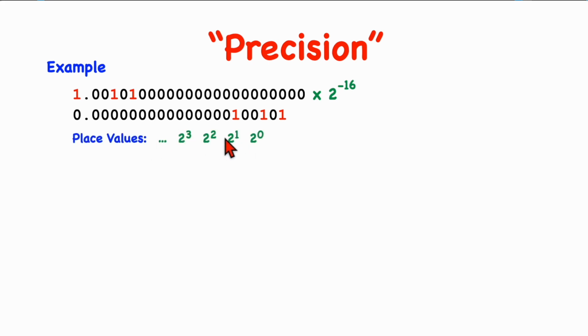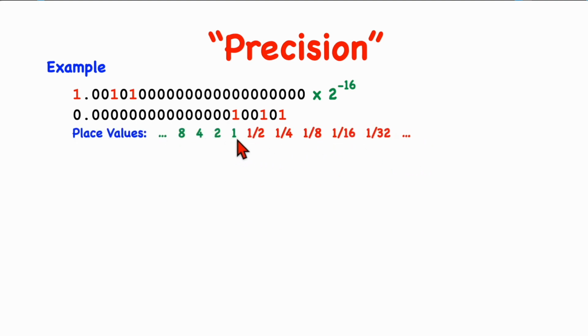So as you know, with binary numbers, the place values are 1, 2, 4, 8, and so on. And that same pattern holds to the right of the binary point. So the place values are 2 to the minus 1, 2 to the minus 2, and so on. Or if we want to express that as fractions, 1/2, 1/4, 1/8, and so on.